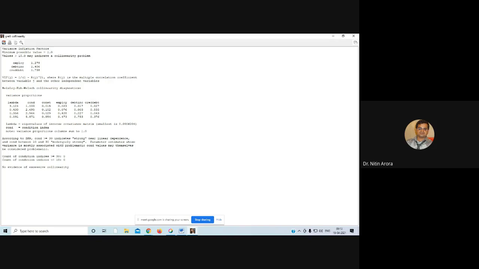Between 10 to 30, moderate or strong multicollinearity. Variance is mostly associated with problematic condition values, which may themselves be considered problematic. Count of condition indices greater than or equal to 30: there is no variable for which this is greater than 30. Count of condition indices greater than or equal to 10: no variable is present. So no evidence of excessive multicollinearity is there.